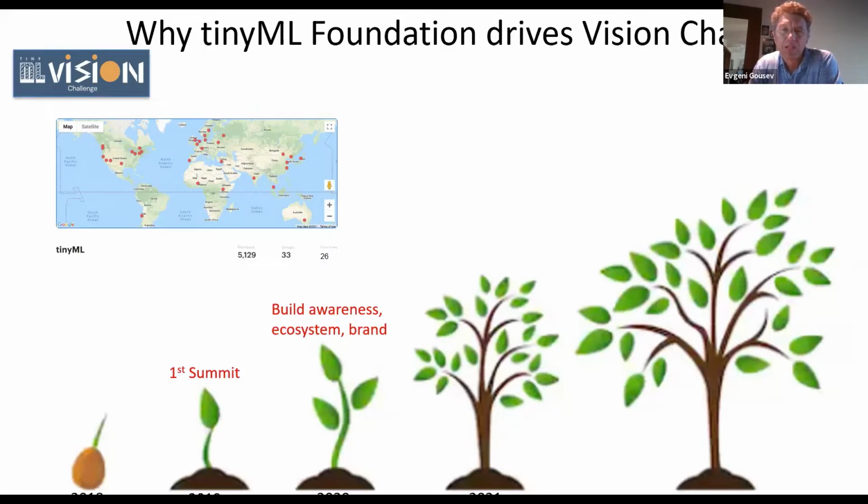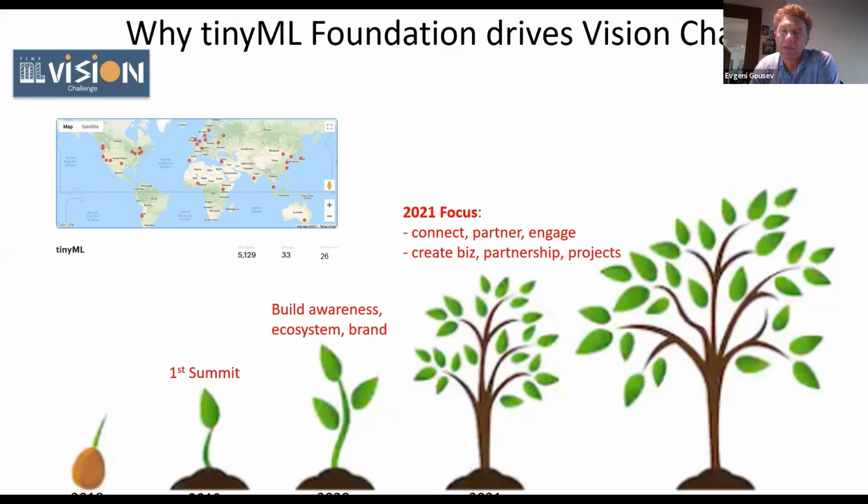So the next step for us is really to connect this community, to partner, to engage, and do real things together. That's why we are very excited and very bullish about this Vision Challenge, because this is the first project we do together globally. We have more projects under planning in the tinyML for Good space and other areas.